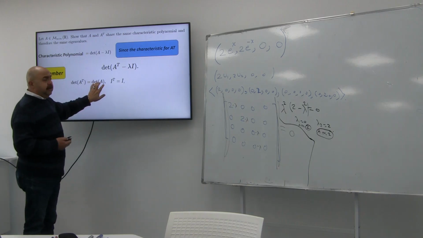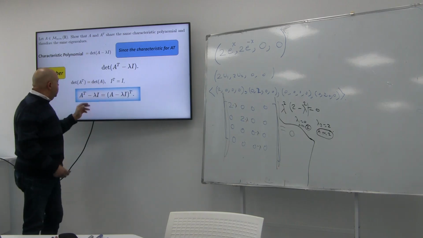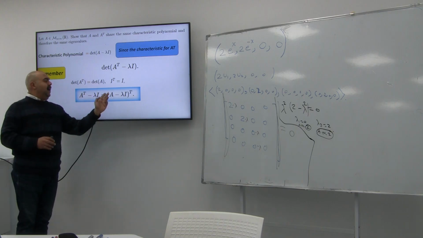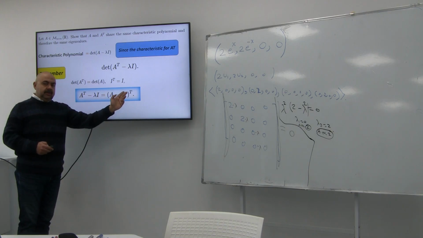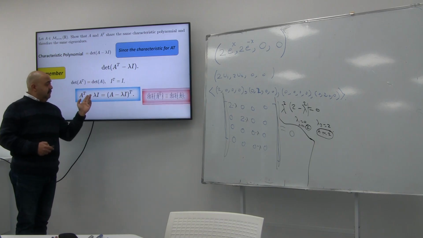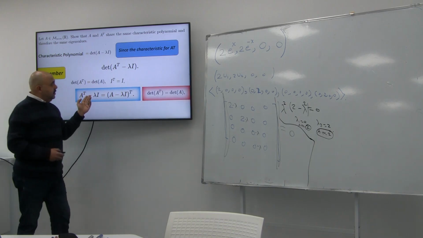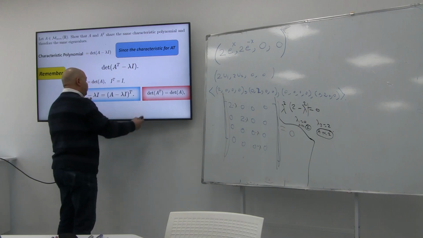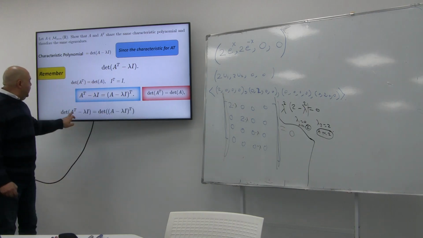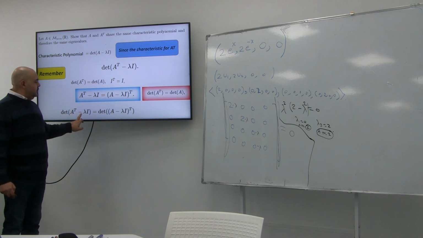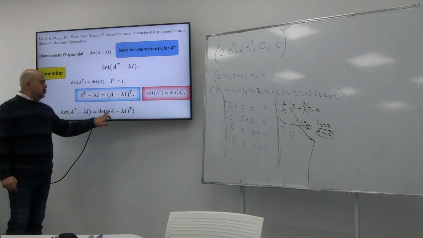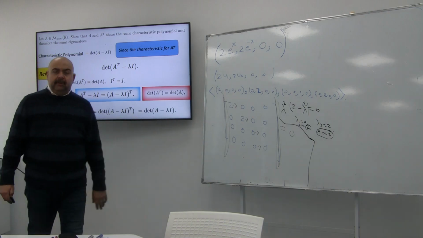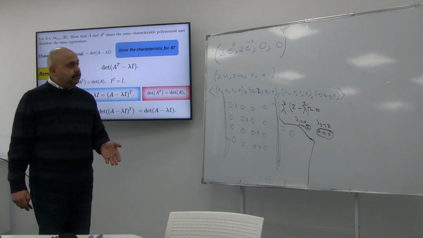These two properties mean that A transpose minus lambda I is exactly the same as A minus lambda I, transposed. Taking advantage of the determinant property once more, we have that the determinant of A transpose minus lambda I equals the determinant of A minus lambda I transposed, which equals the determinant of A minus lambda I, so it is proved.